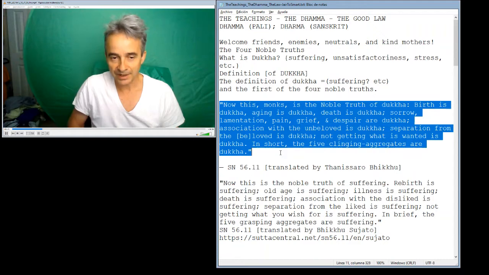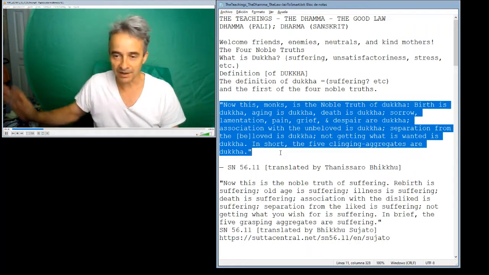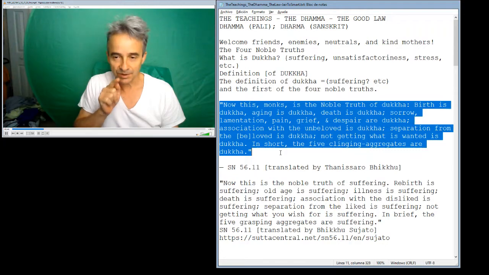Actually, I read it wrong. He says, birth is dukkha, aging is dukkha, death is dukkha, sorrow, comma, lamentation, comma, pain, comma, grief, comma, and despair are dukkha. He didn't use the word all. He just said are dukkha.